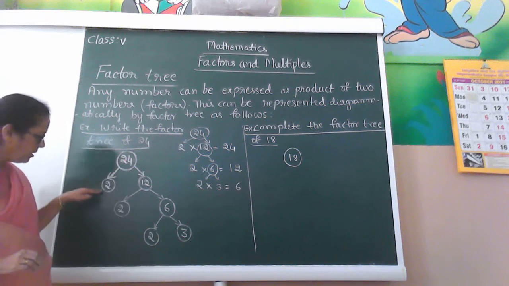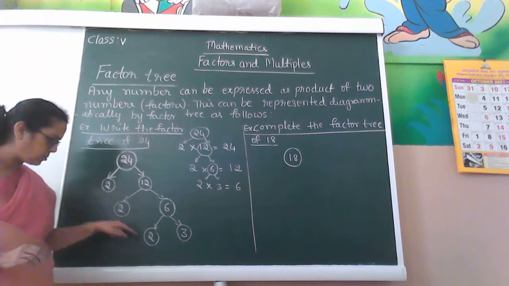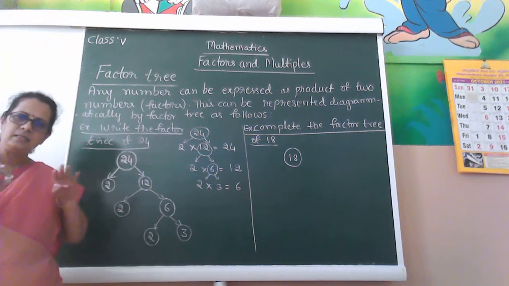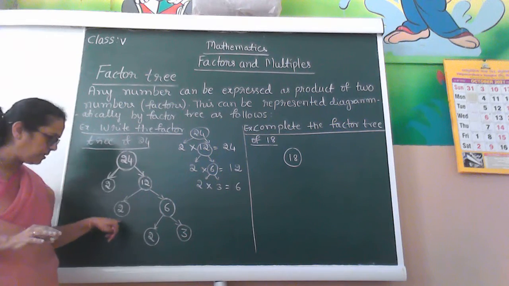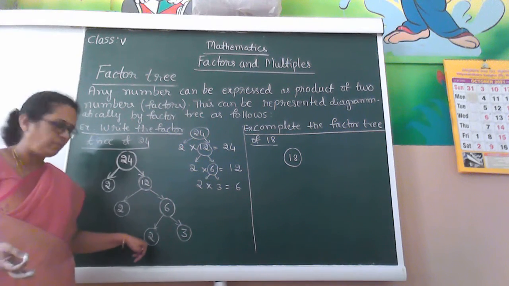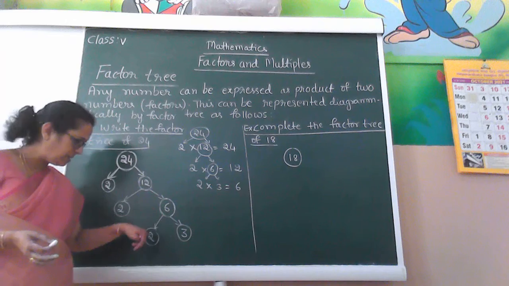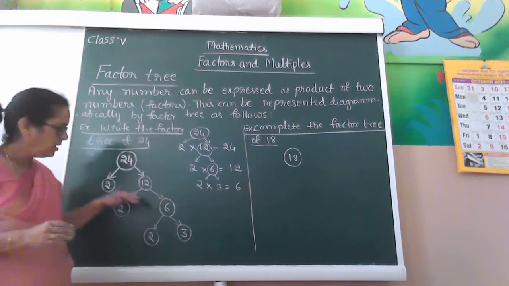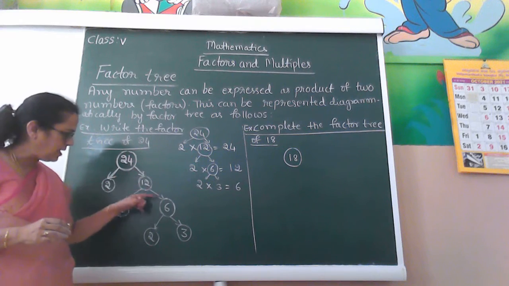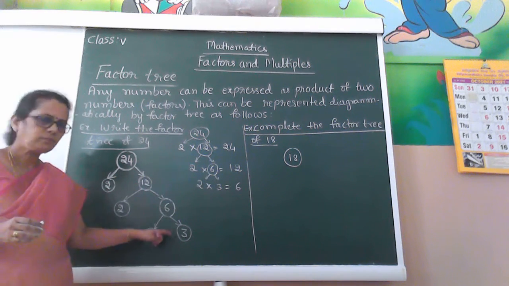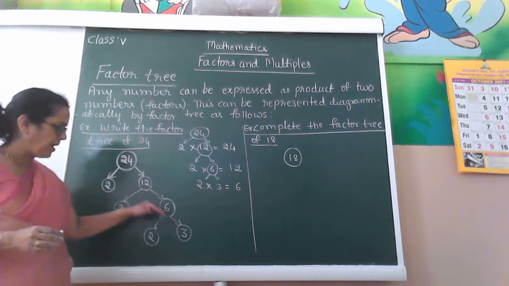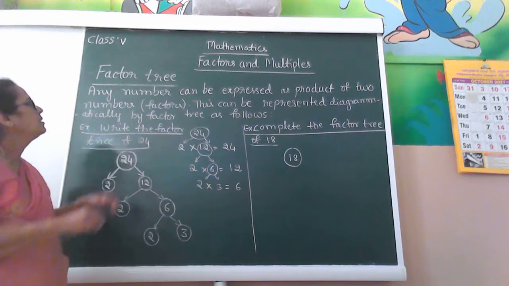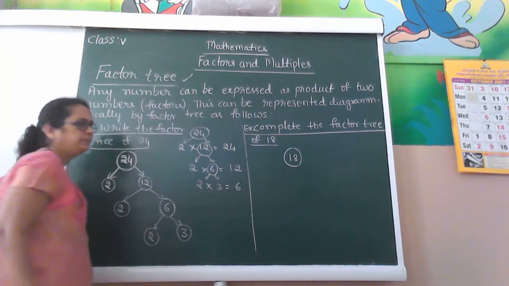So here we won't multiply this 2 because that is the last number. If you multiply by any two numbers, you won't get the same; that is 1 2s are only. That is why you leave it and take this route. This type of diagram we call a factor tree.